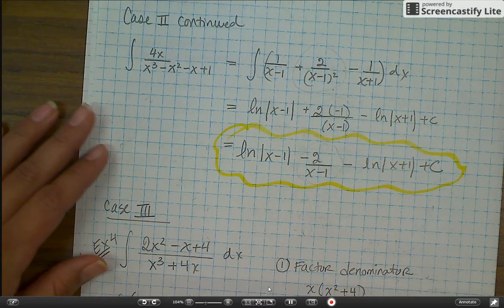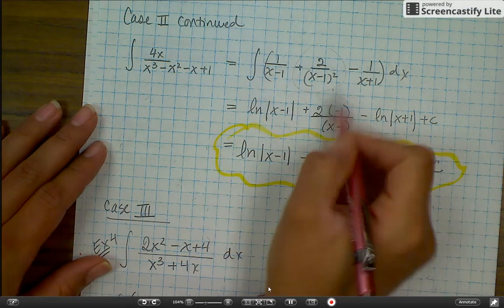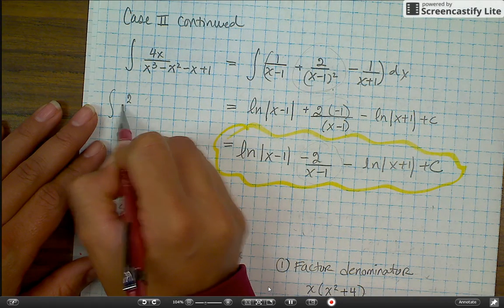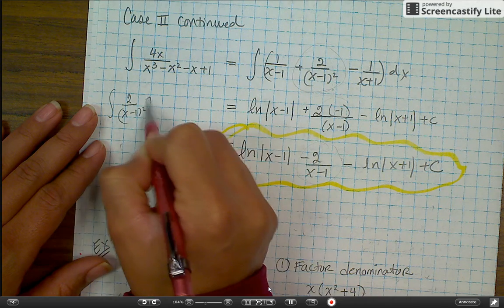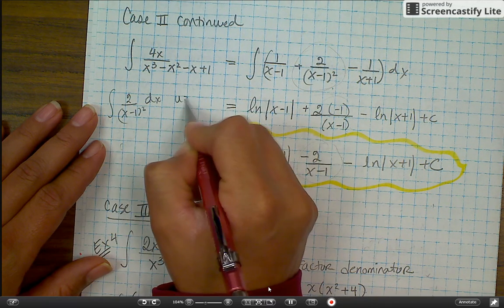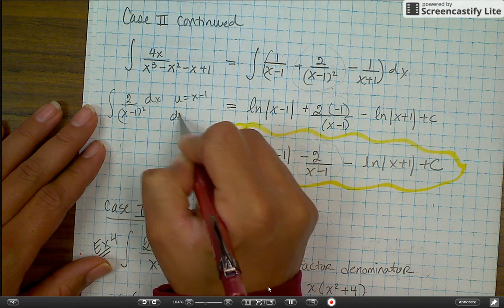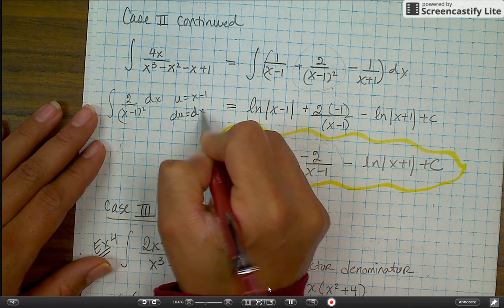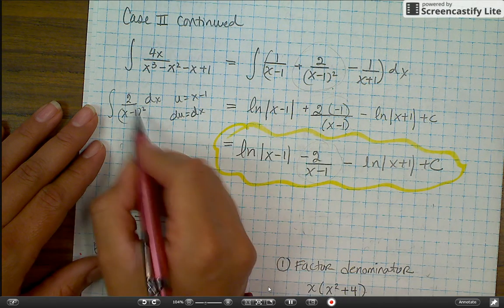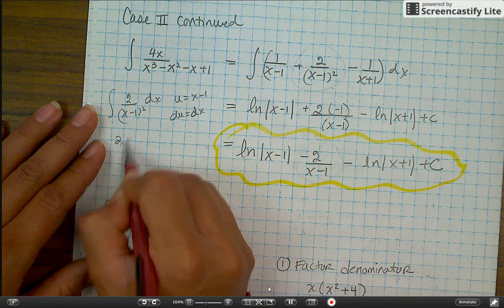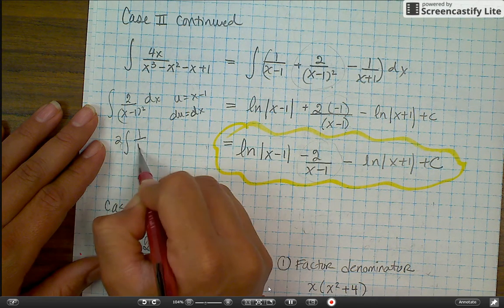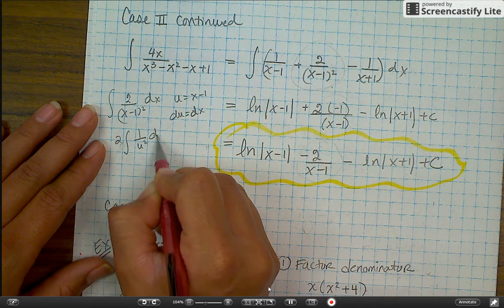If I do u substitution, I can look at this integral right here, 2 over (x minus 1) squared dx, and I can say u is equal to x minus 1, and du is equal to dx. And so then I would have 2 integral 1 over u squared du.